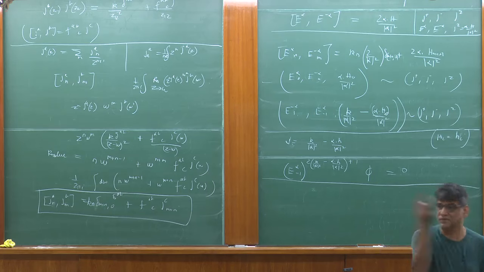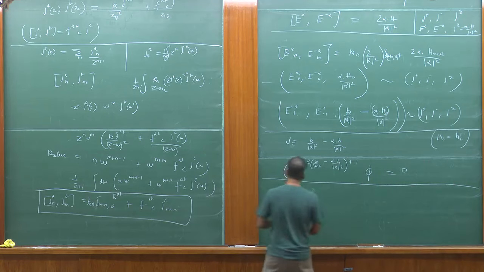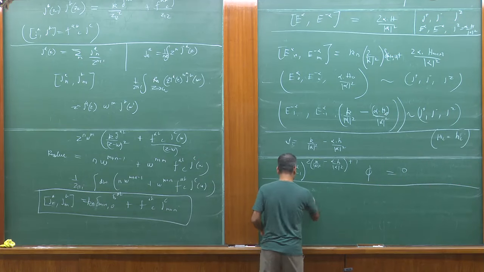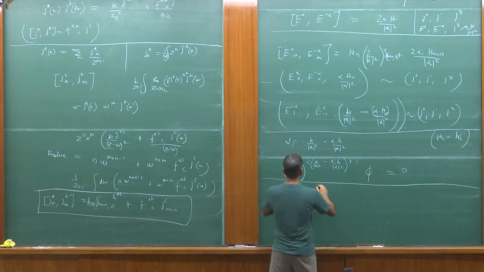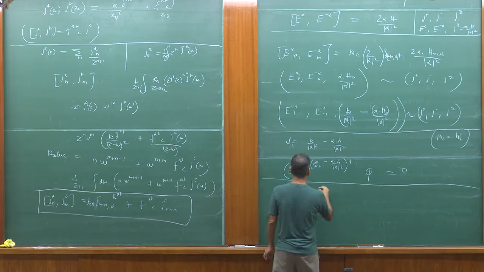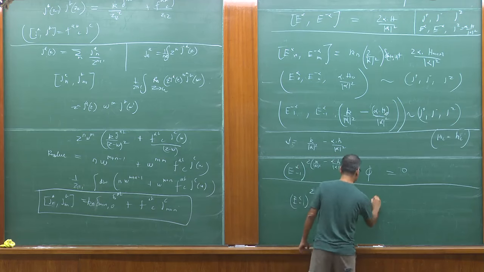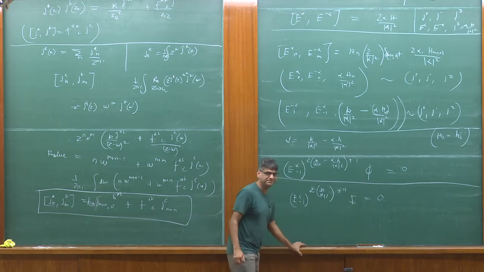Identity is very simple, it doesn't transform under SUN, so its H's are just 0. So what we found here was that E alpha minus 1 to the power 2k by mod alpha squared plus 1 on identity is equal to 0. This we will use several times.